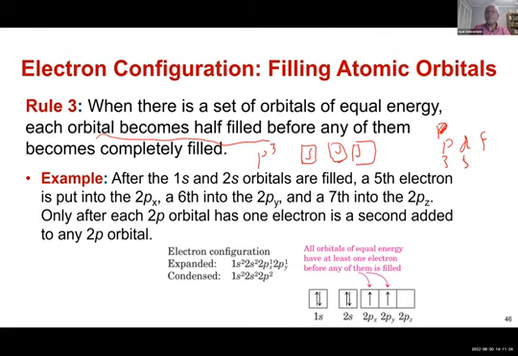So you cannot pair them up until you fill all of them with one electron each. F orbital or D orbital, the same follows. When you're filling D orbitals, first 5 electrons should be put in parallel. If it is p6, then you start filling the other 3, until all of them are paired.